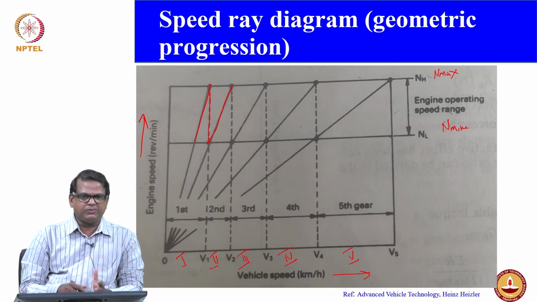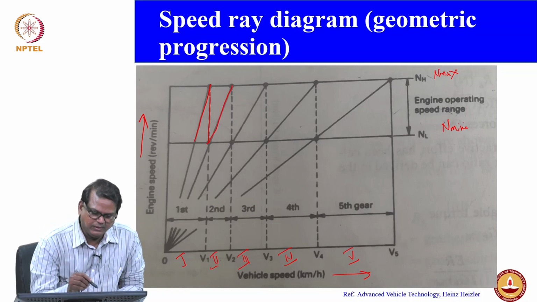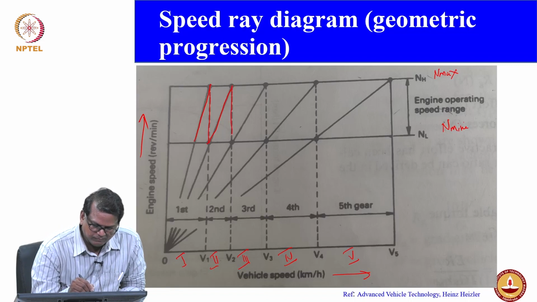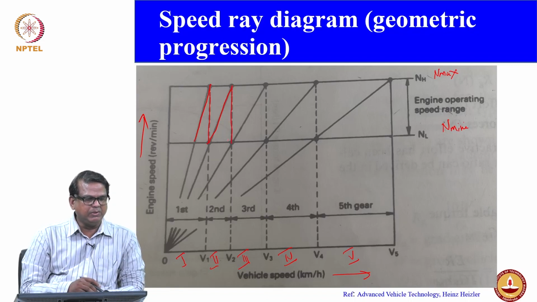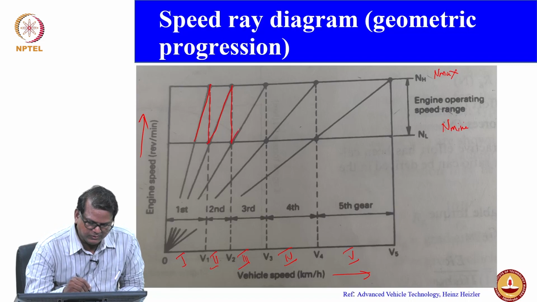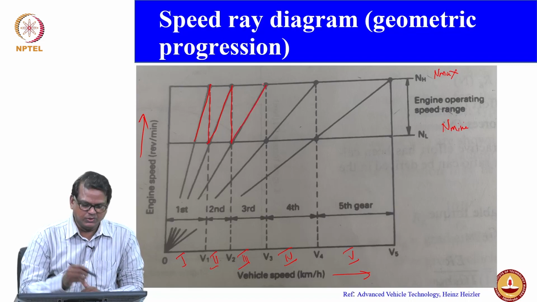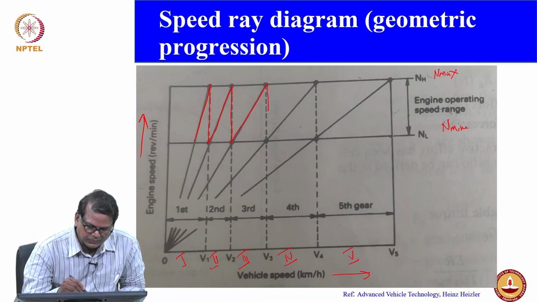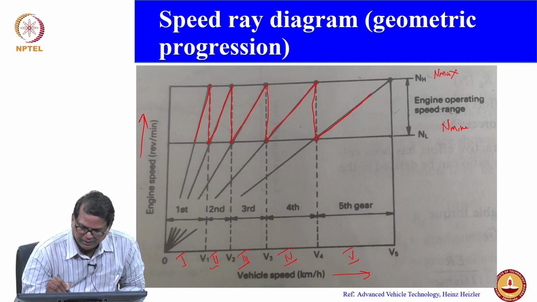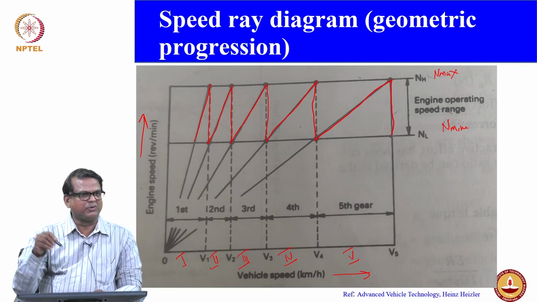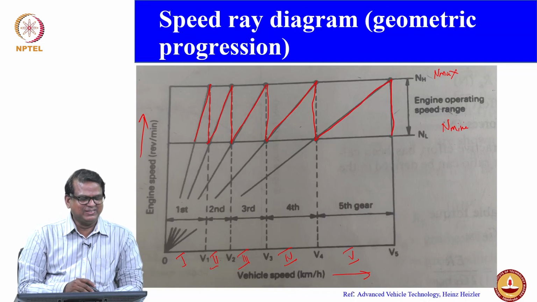Now I want to shift from second gear to third gear. The speed should drop down to the N minimum, and during operation it should go to the maximum. So like that it goes up and down as you shift the gear, right? Finally it forms a sawtooth profile. You could see that, right?